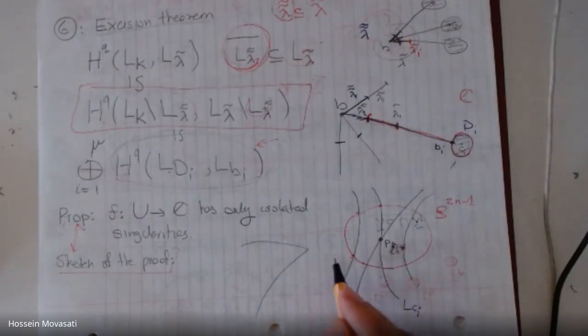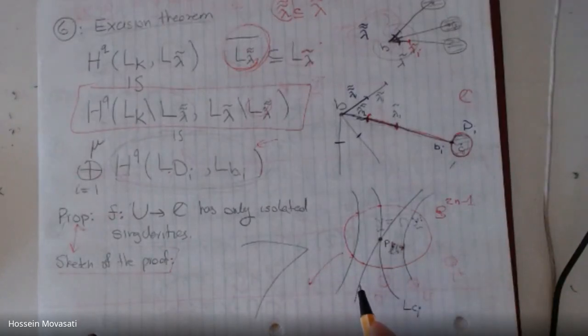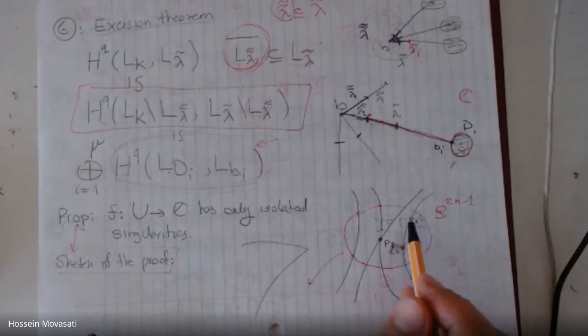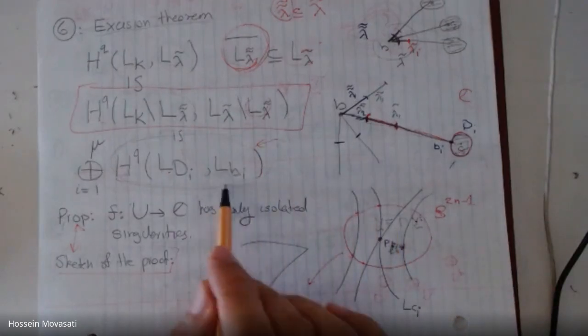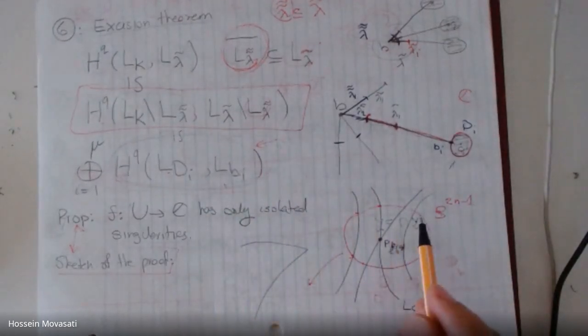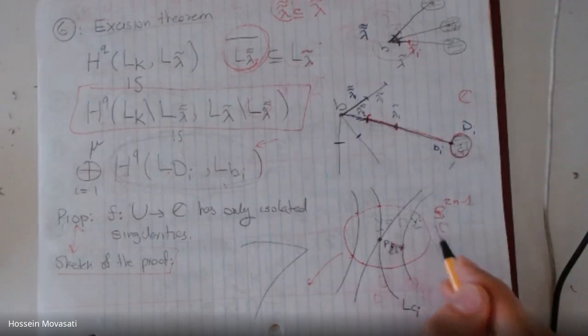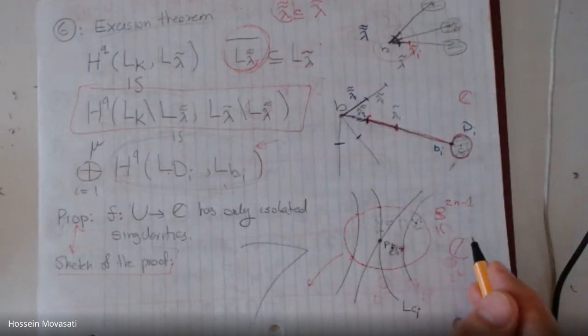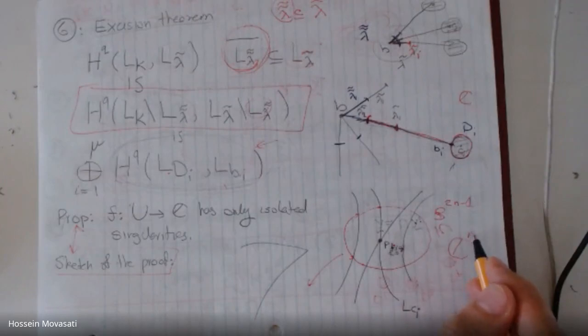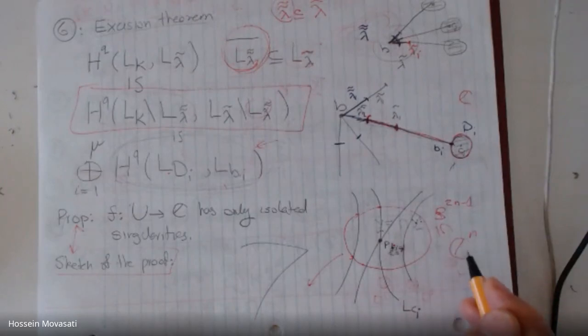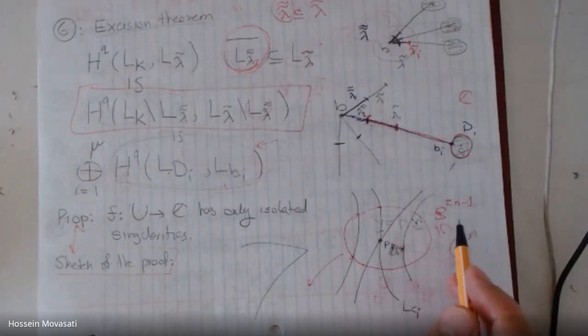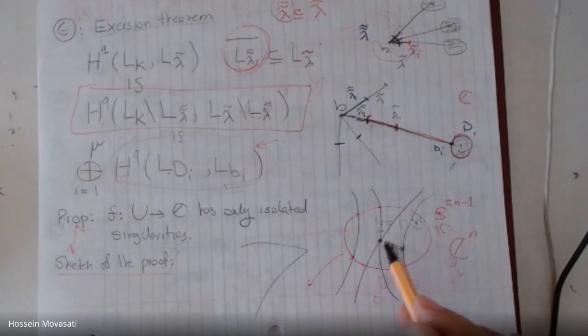In the next lecture, what we have to analyze is this: we will take a sphere of dimension 2n-1. Remember that our ambient space is n-dimensional, so locally it's like C^n. So we will take spheres of dimension 2n-1, which intersect our fibers transversely.